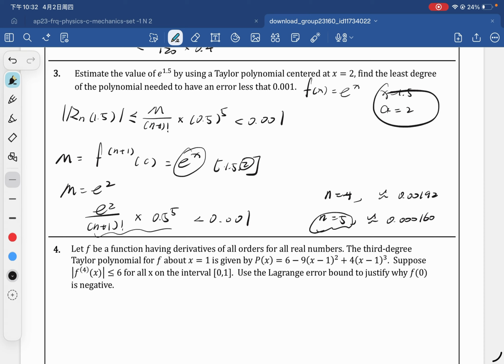We plugged it into the calculator: for n equals 4 it's 0.00192, which is a little bit greater than 0.001. When we plug in 5, it becomes 0.000160, so that is the least degree for which the polynomial has an error less than 0.001.